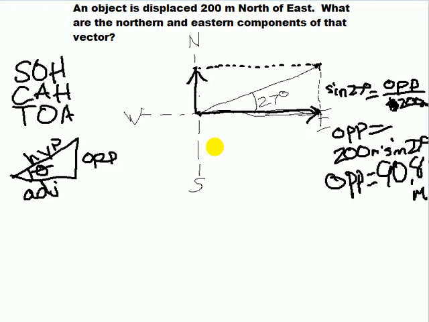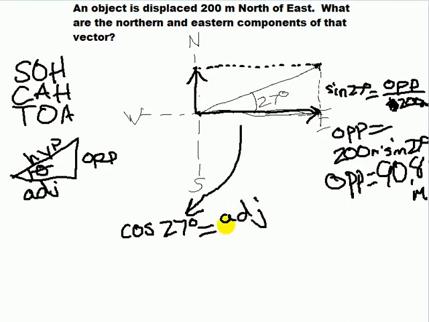So here we're going to use the cosine function. So let's move it down here. It's going to be cosine 27 degrees equals the adjacent side divided by our hypotenuse.